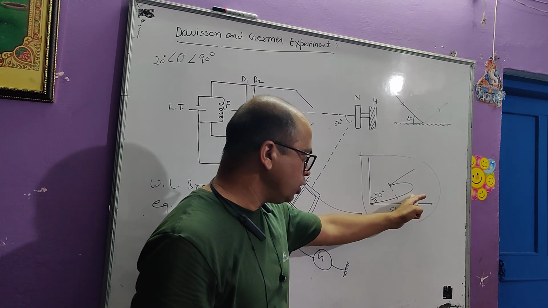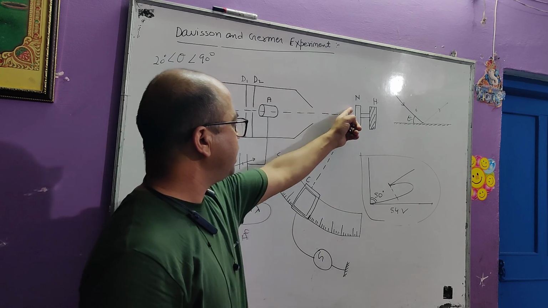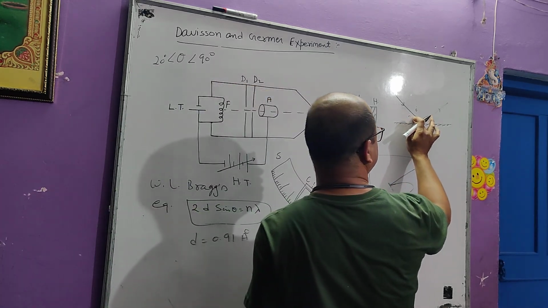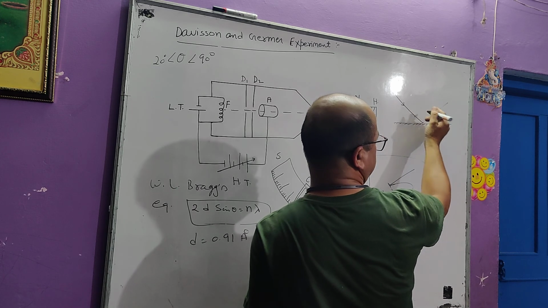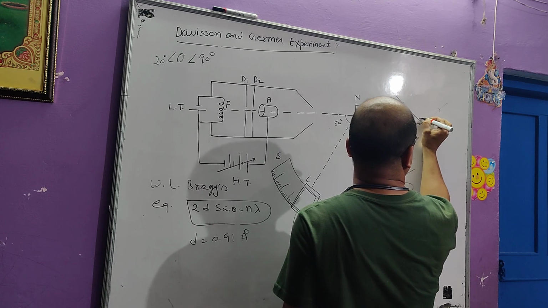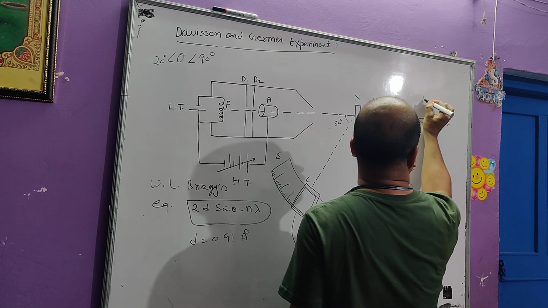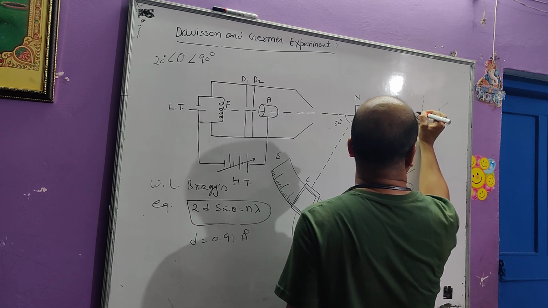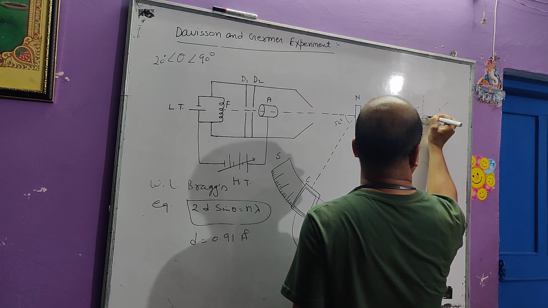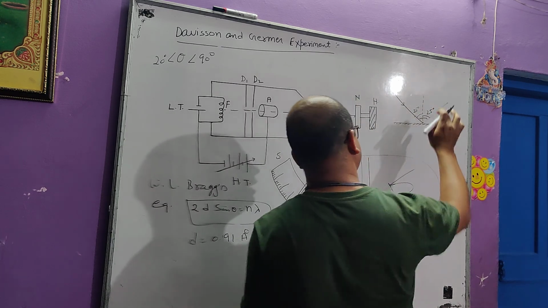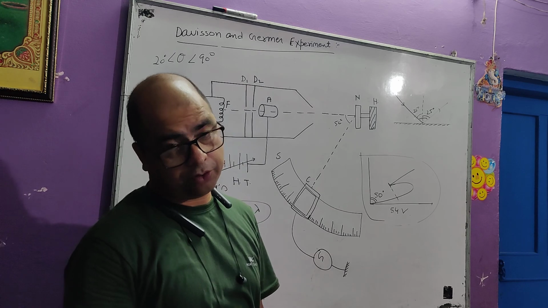If I draw a normal to this surface, the angle of incidence will be 25 degrees and the angle of reflection will be 25 degrees.